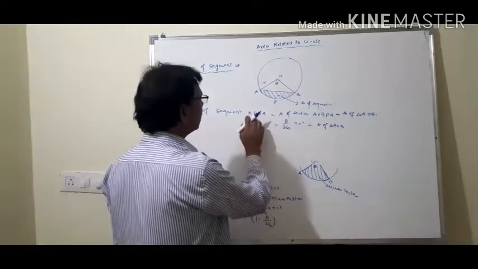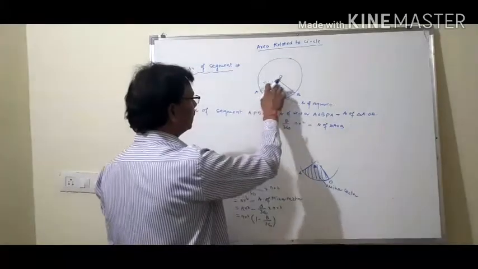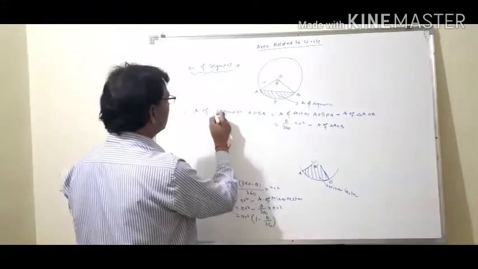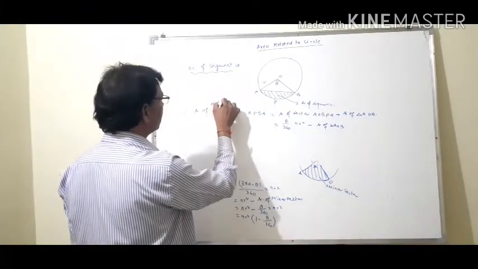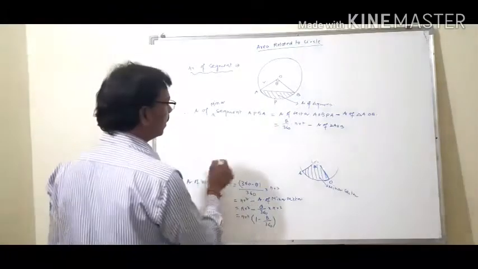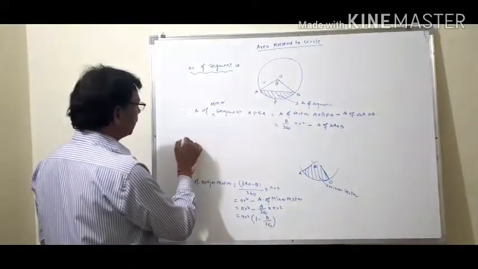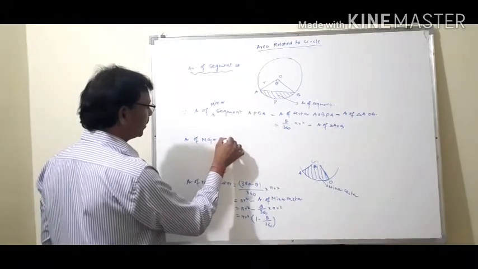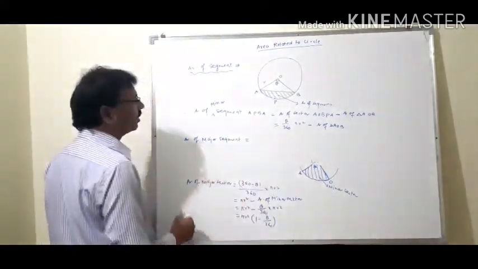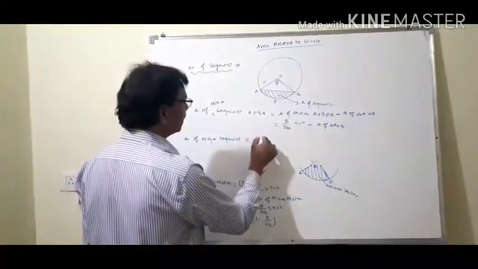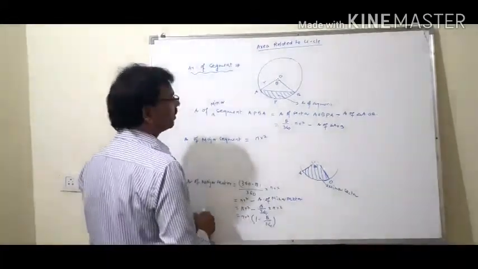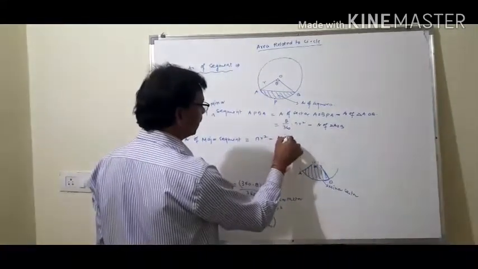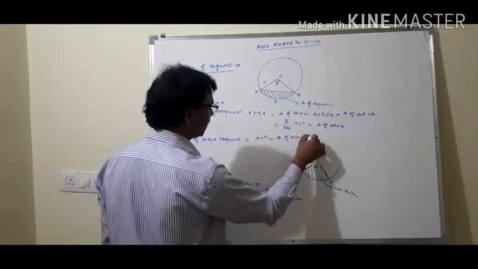Since this segment is formed in the minor sector, this is known as the area of the minor segment. Now, the area of the major segment will be equal to pi r square, which is the area of the whole circle, minus the area of this minor segment.